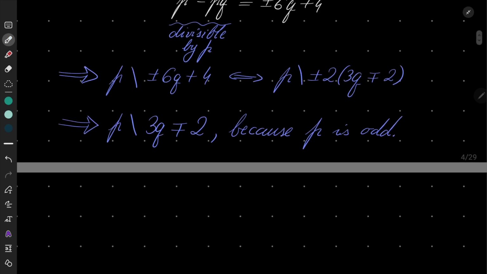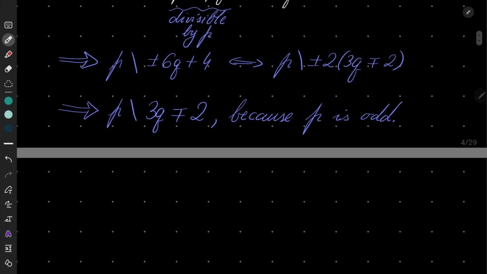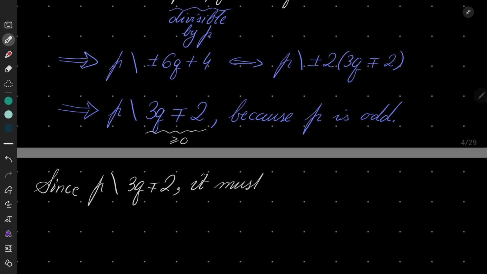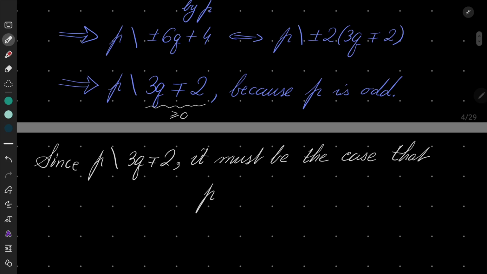And now, using my second or third hint, I don't remember, let's notice that this number is non-negative. So since p divides 3q minus or plus 2, it must be the case that p is less than or equal to 3q minus or plus 2.